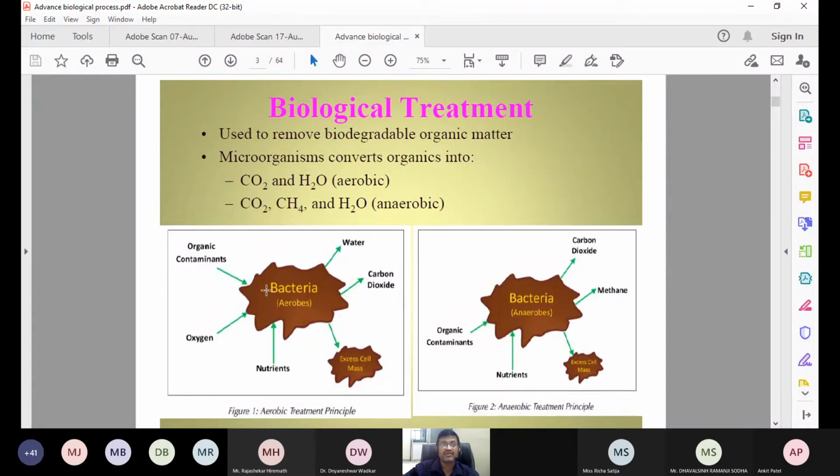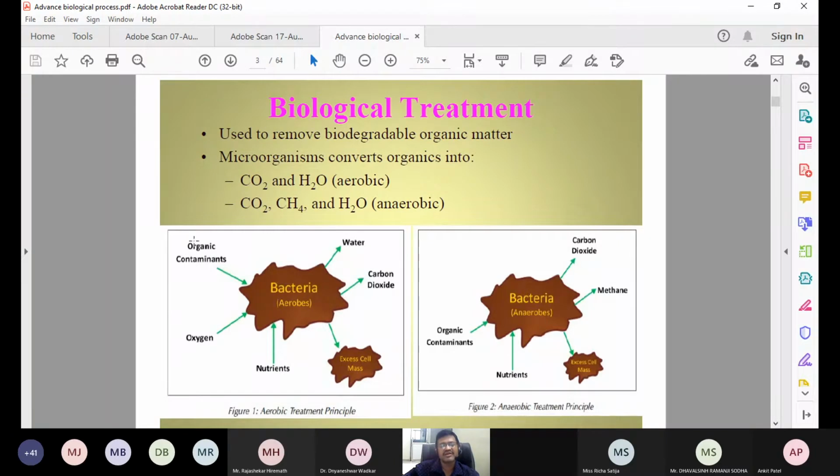What is going to happen in the river, we do in our reactor.